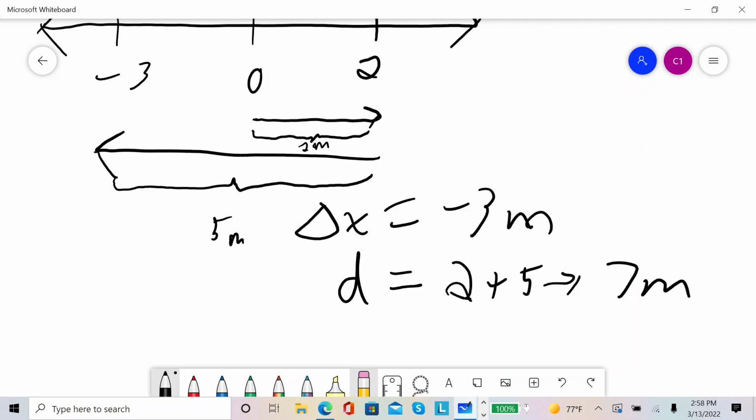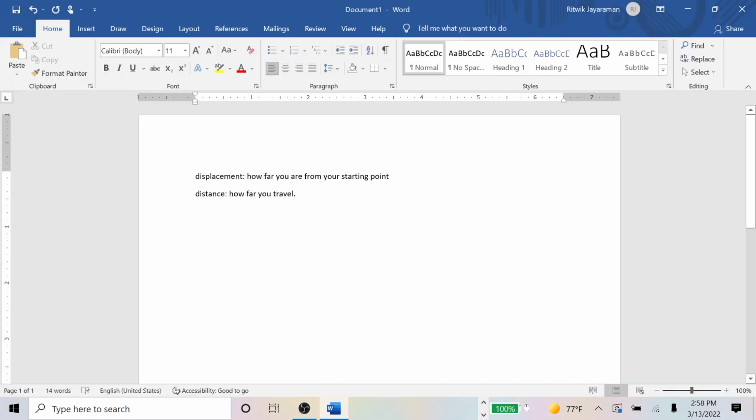Now, let's go over the differences between velocity and speed now. Velocity, you can think of it as how fast you travel with a direction, while speed is just how fast you travel.